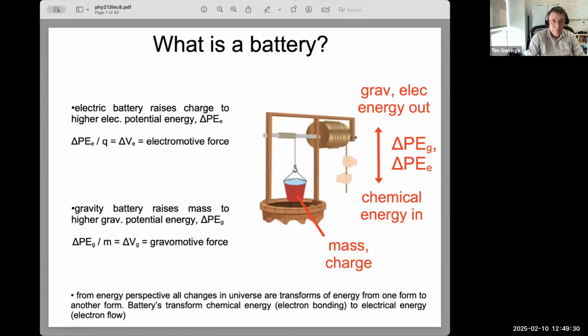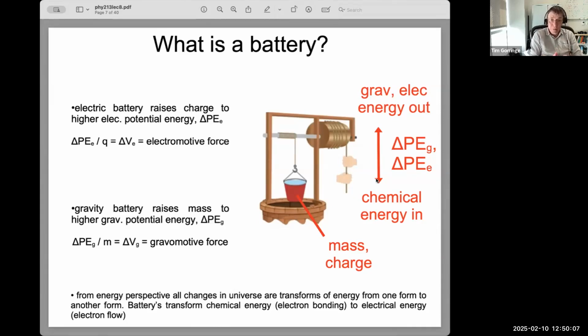One way of thinking about batteries is to imagine this sketch over here on the right-hand side. This sketch is showing a gravitational battery, but we could think of an equivalent electrical battery. A gravitational battery would raise mass, what experiences the gravitational force, to a higher gravitational potential and a higher gravitational energy.